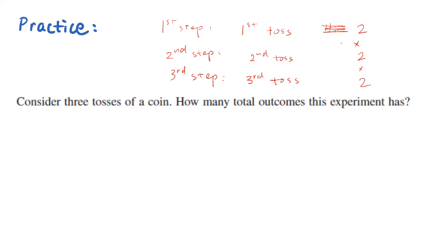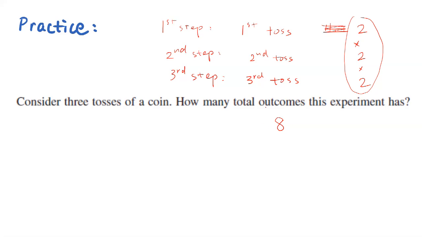So how many different ways can we finish the task? There are 2 by 2 by 2, which is 8 different ways we can finish the whole task, right? So there are 8 total outcomes this experiment has. You understand?